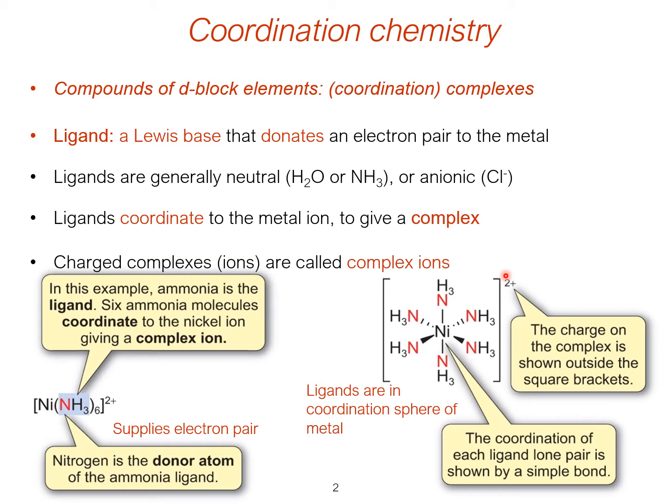And these ligands are generally neutral, things like ammonia, as I said, or water, CO is another one, or they can be anionic, like chloride anions. It would not be possible to find a cationic ligand because they're not really going to balance with the positively charged cation of the metal. So either neutral or anionic.